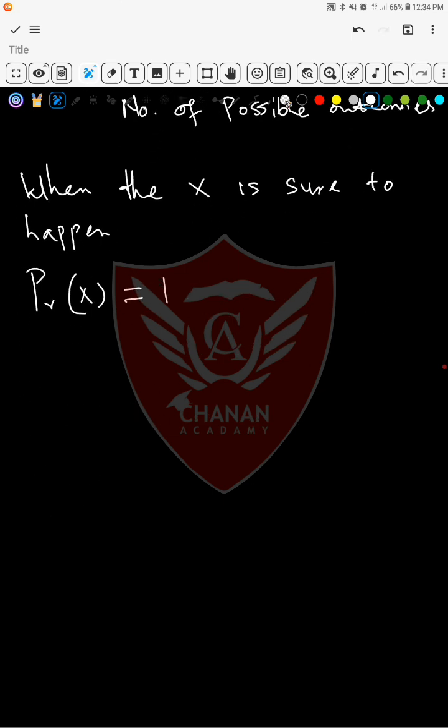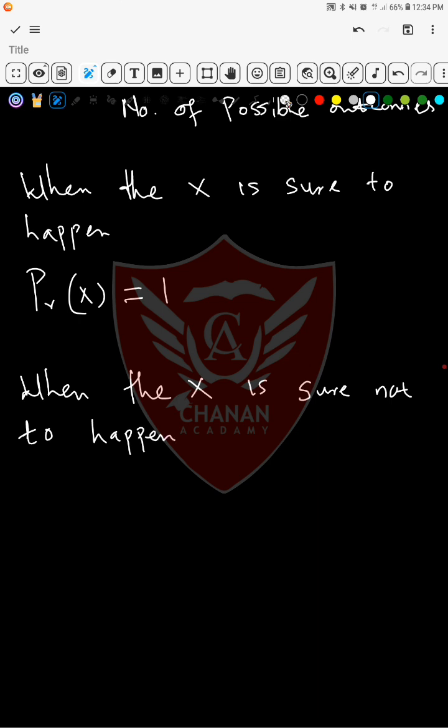However, when the probability of x is sure not to happen, then the probability of x will be equal to 0.